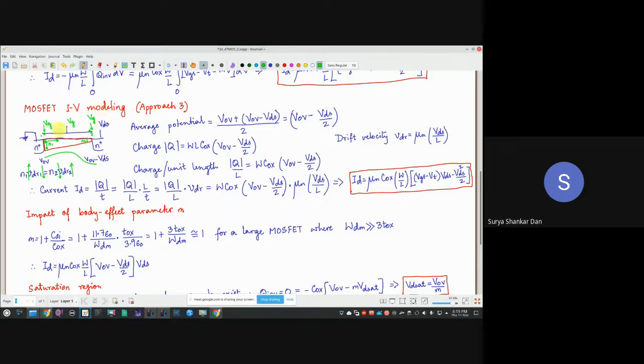Throughout the gate terminal, you are going to have the same amount of charge equally spread out throughout the metal terminal. What does it imply? It implies that if there are, let us say, x coulombs of charge on this side, you are also going to have x coulombs on this side. However, on this side the x will be balanced more by the free electrons and less by the depletion charge, while here it will be more by depletion charge and less by the electrons.